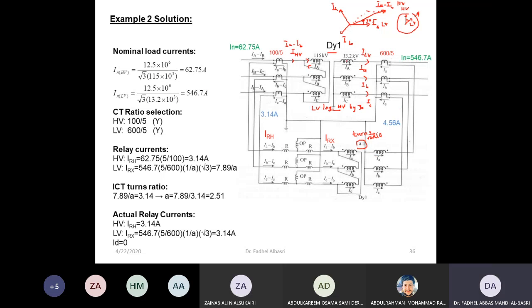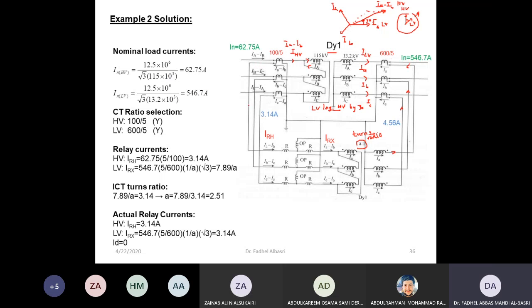And so what's the connection of this? I'll connect it in such a way that if this current is IA, this also will be IA. This is leaving, this is entering IA, this is IB, and this is IC. So if this is IA, what is this current? It is IA minus IB, right?